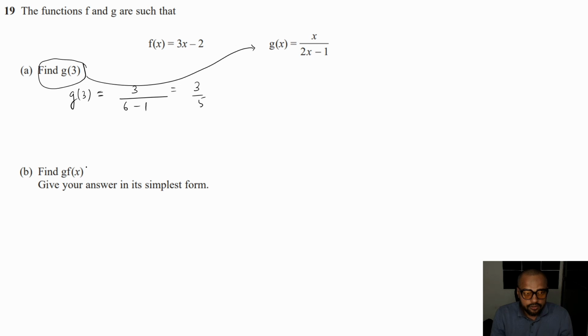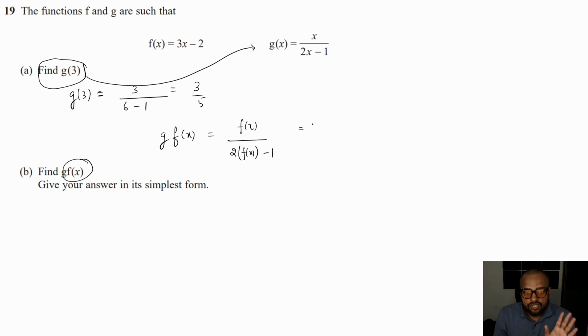Now in the next part, gf(x). So first, for gf(x), this we need to calculate. What we need to do is, in g(x), replace the value of x with f(x). For those who are not getting it, see, 2 times f(x) minus 1, this is what they meant.